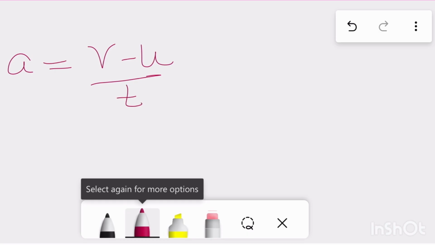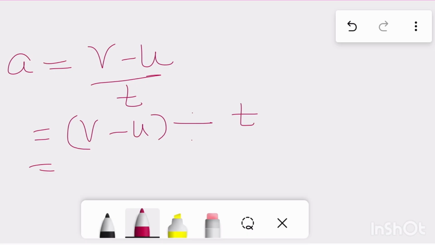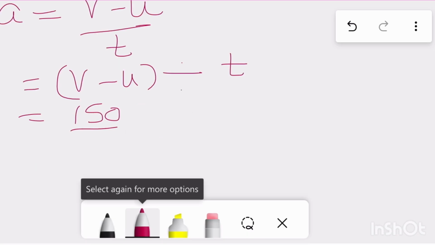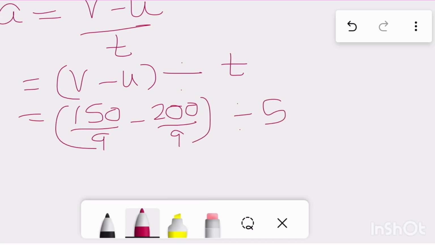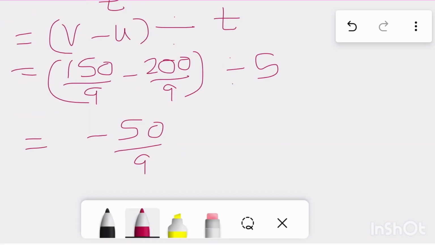Now acceleration is (v minus u) by t. Now v and u both are in fractions, so write it like this, (v minus u) divided by t. This will make your calculation easy. So it is (150 by 9 minus 200 by 9) in bracket divided by time, that is 5. So that is minus 50 by 9 divided by 5.